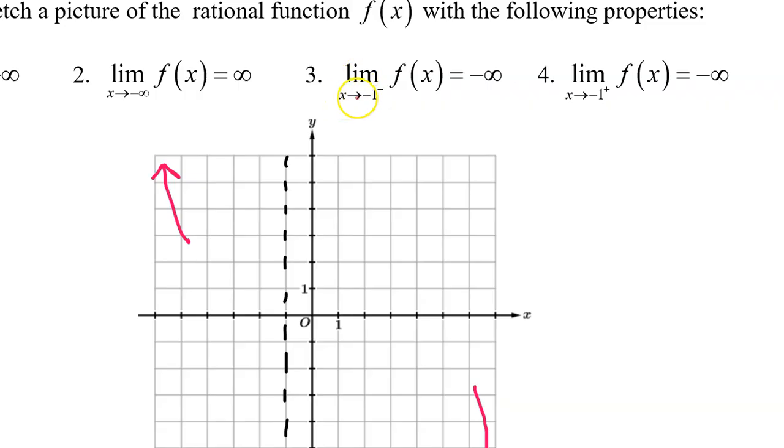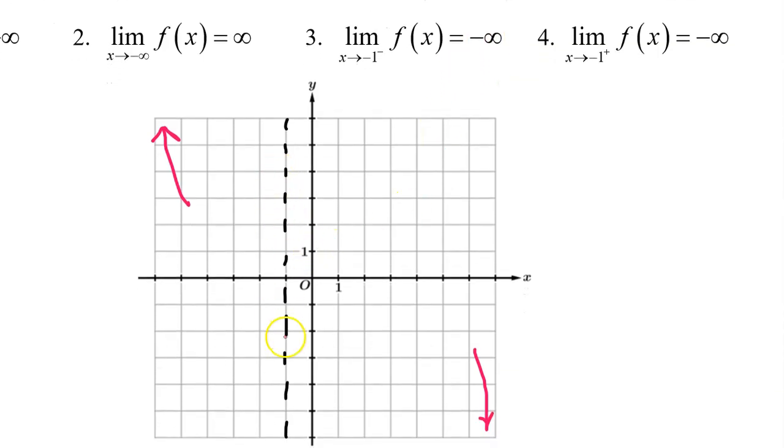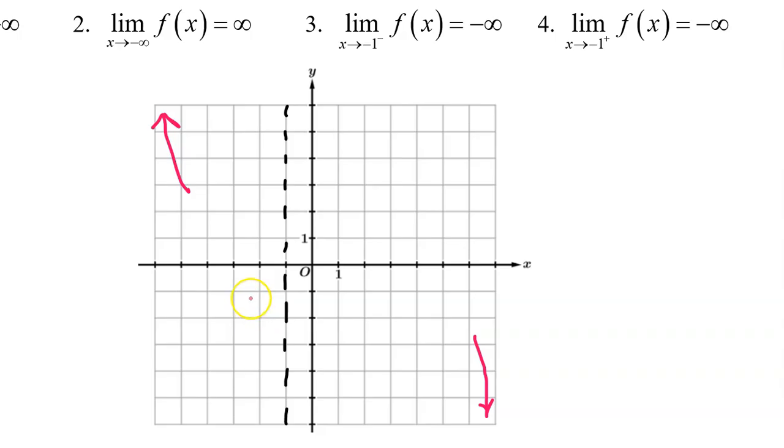The limit as x approaches negative 1 from the left of f of x is negative infinity. So that means there must be a vertical asymptote at negative 1, and as we approach this vertical asymptote from the left, f of x is going towards negative infinity. So that means it must be doing something like this. And then number 4, the limit as x approaches negative 1 from the right is also negative infinity.